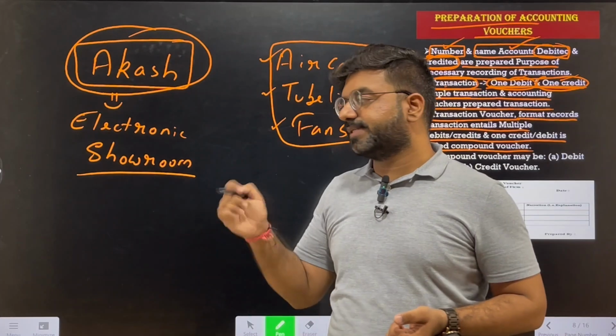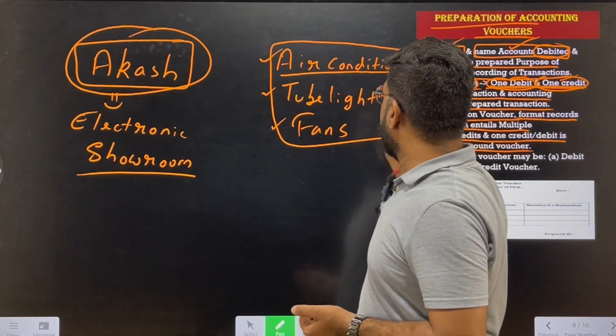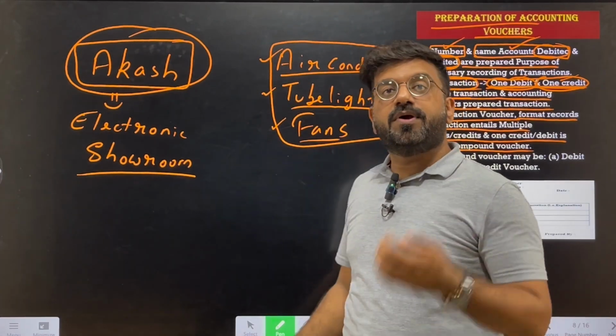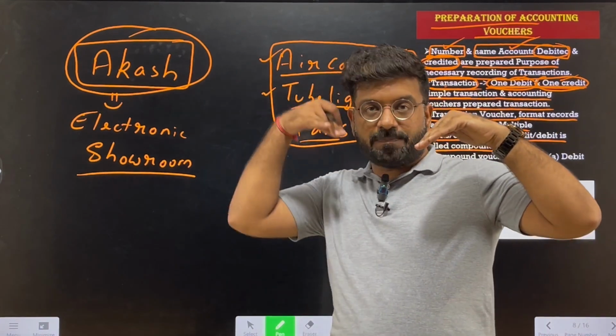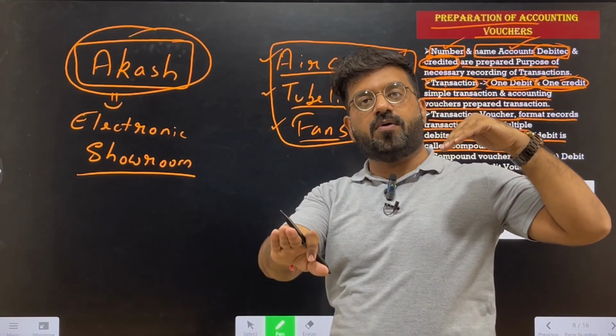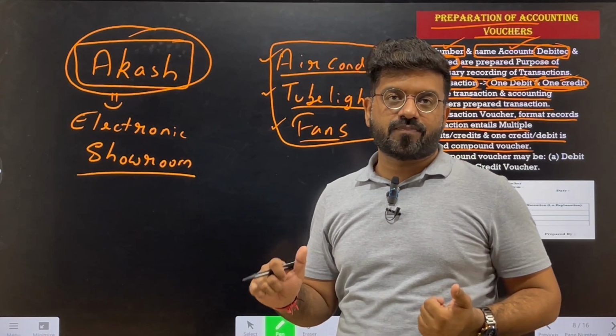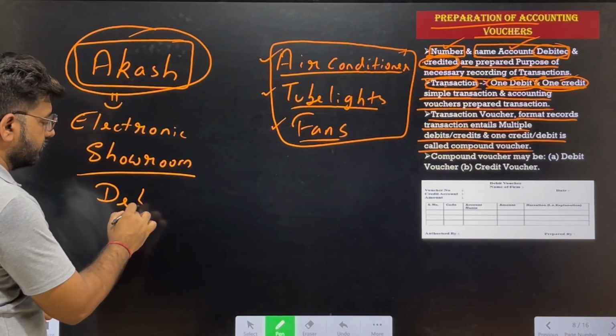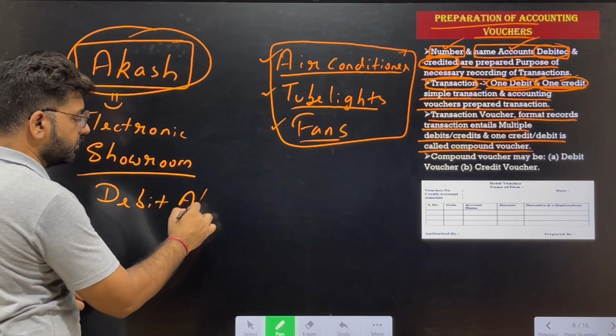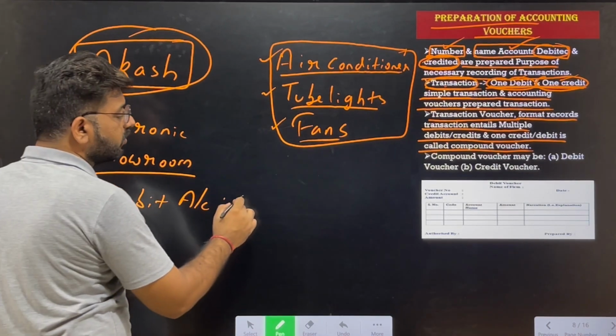Now what's happening is these all three have to be debited. Why? Because these three items are coming to me for which I will be paying cash. So cash is going out, these three items are coming in. When I write the debit account, I will write all three items.